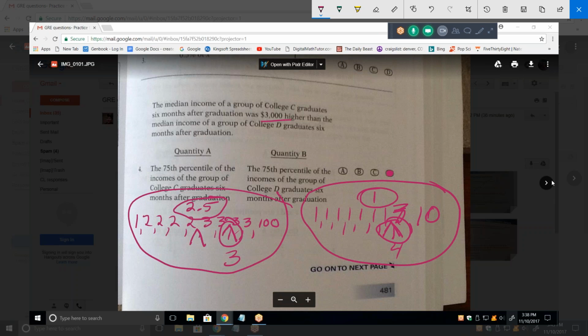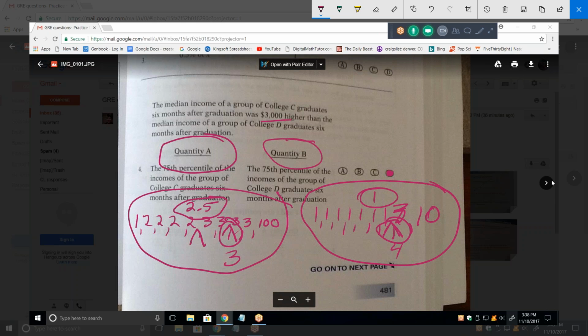I don't actually have to come up with 2 scenarios, because it's quite clear that it would be very easy to come up with a scenario where the 75th percentile of A was greater than the 75th percentile of B. That is going to be easy to do, given the information they gave us. But proving the opposite is not so clear.